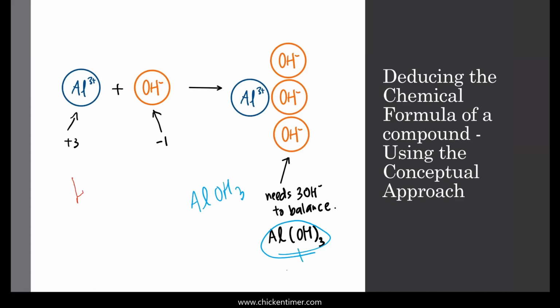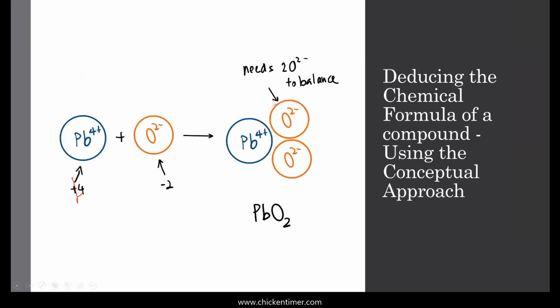In this, it means there is 1 aluminum, 3 oxygen, 3 hydrogen. If you write it without the bracket, this is 1 aluminum, 1 oxygen, 3 hydrogen. So it's totally different. Then in this case, the charges must balance. You have 4 here, 2 here, so you need 2 of this. So it becomes like that.